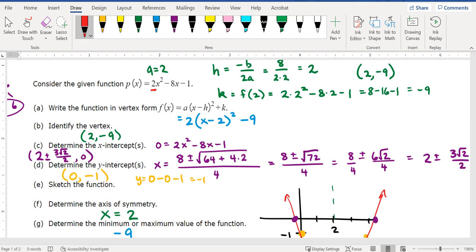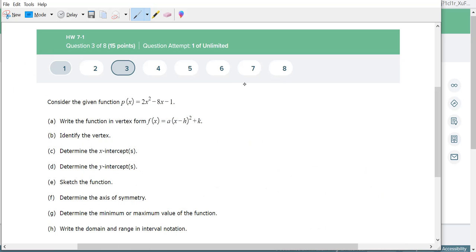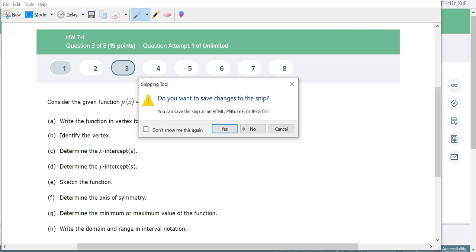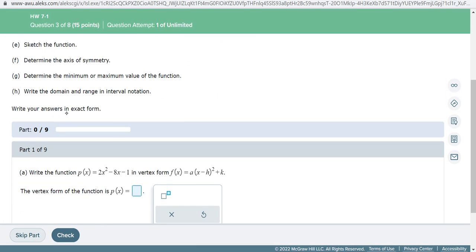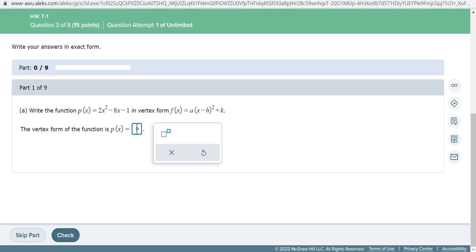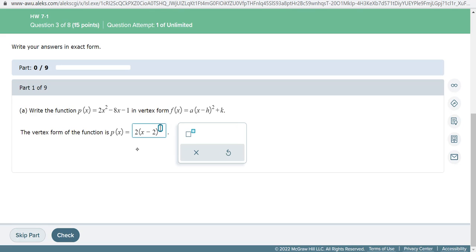So consider the function. Write it in vertex form. And we said it was 2 times (x minus 2) squared minus 9.